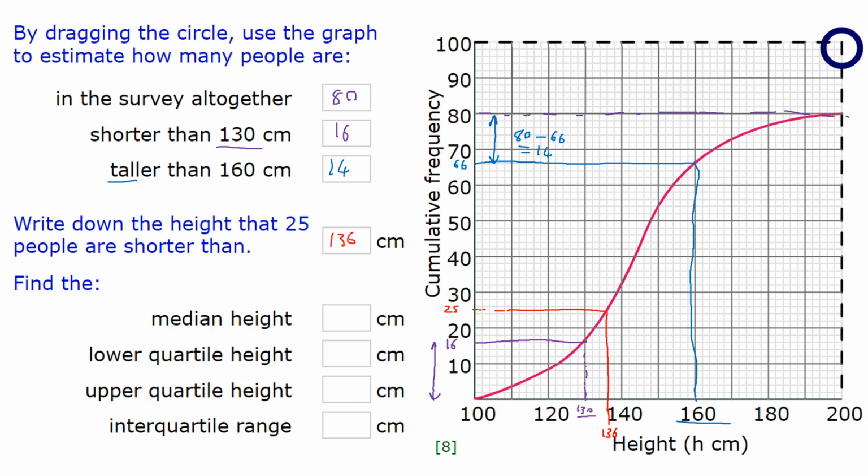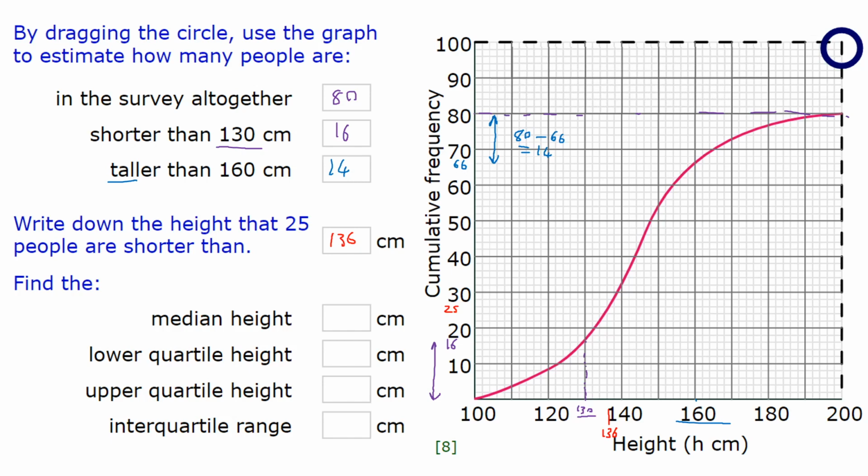Now, here are some new terms which you probably haven't heard of before. I'm going to rub this out because this will take quite a bit of space on our graph, and I don't want to confuse you guys. Find the median, the lower quartile, the upper quartile, and interquartile range. So let's first look for the median.